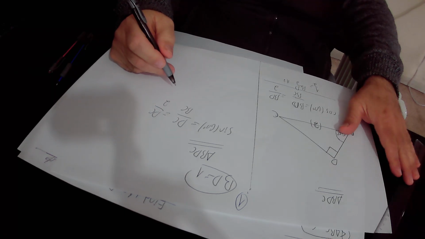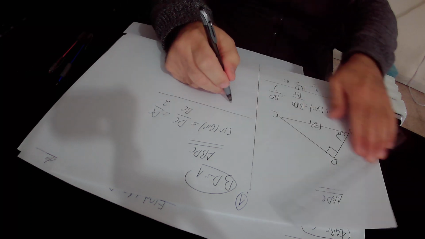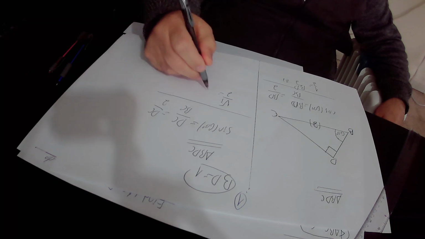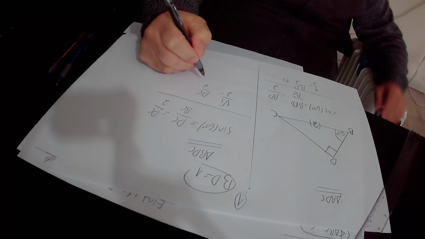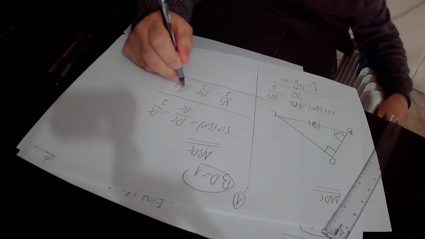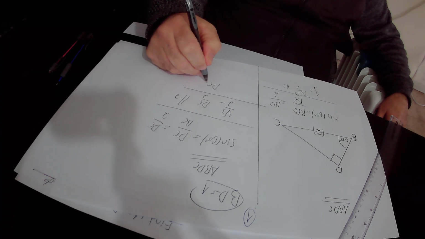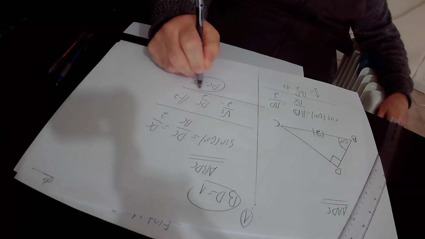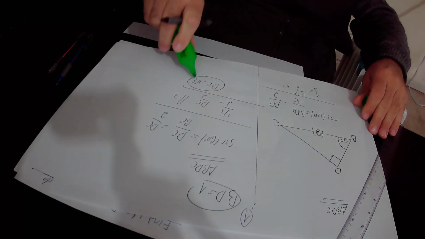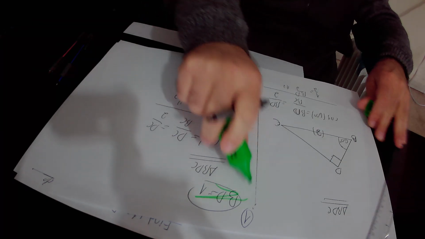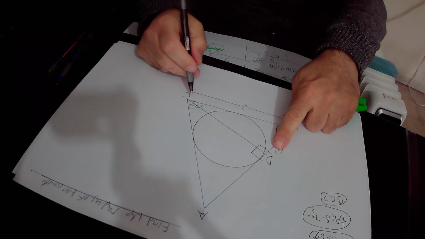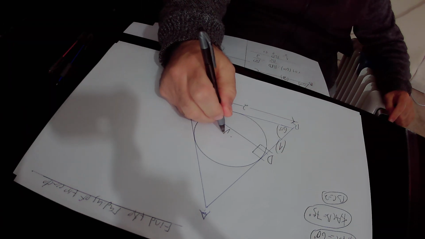Sine 60 degrees is square root of 3 over 2. So square root of 3 over 2 equals DC over 2. Here we'll multiply this equation by 2, and we get that DC equals the square root of 3 units in its length. Okay, DC equals the square root of 3 units.